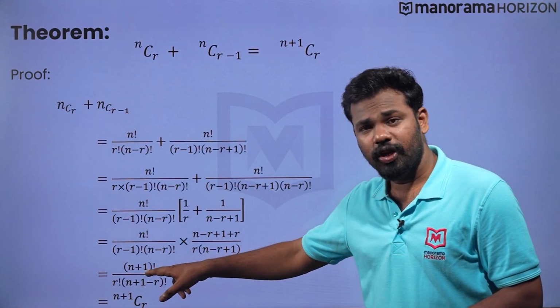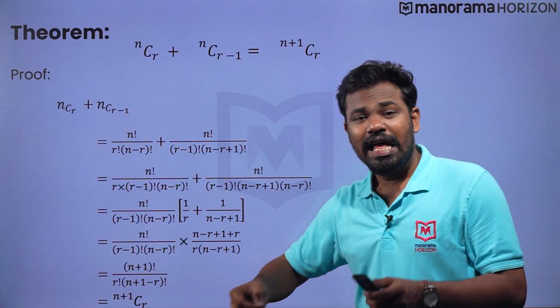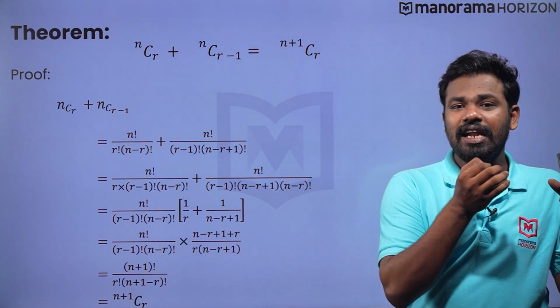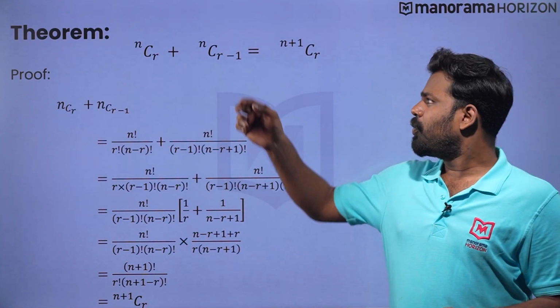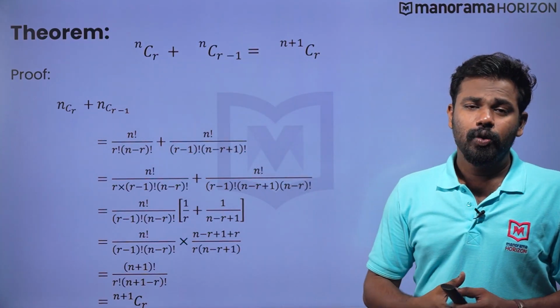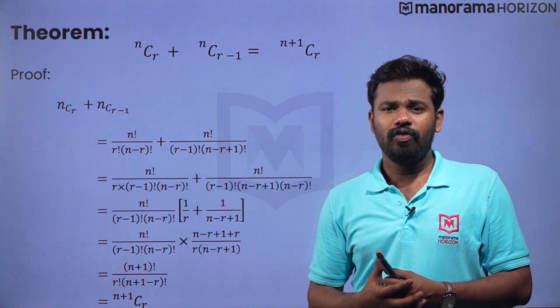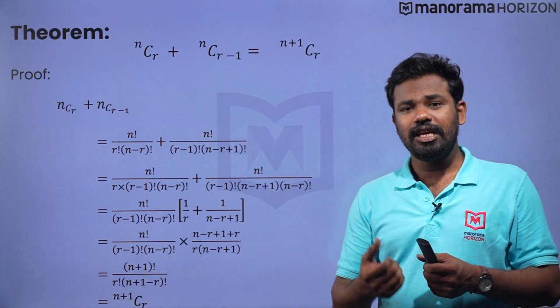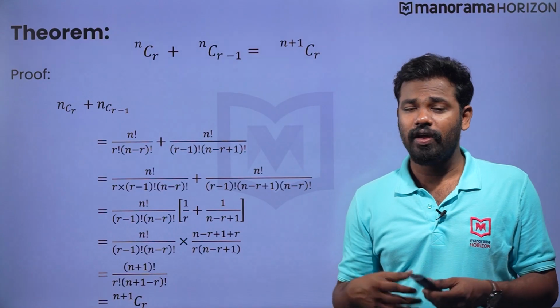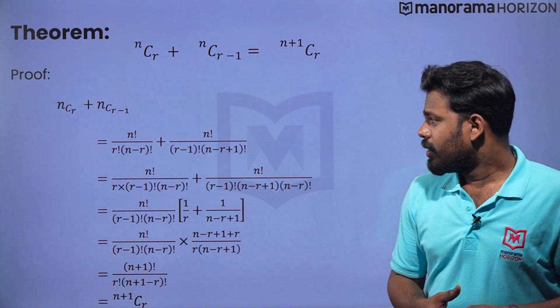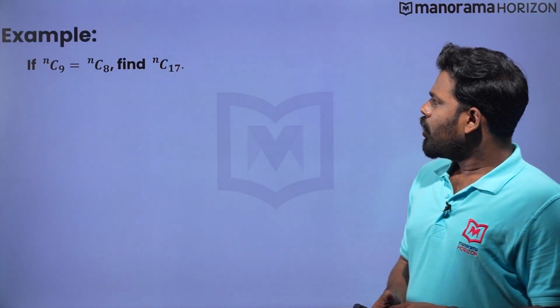You have n plus 1 in the numerator, yes. So n plus 1 CR. That is, you select R objects from the N plus 1 objects. So this is the proof for the theorem over here. You have to understand this theorem very carefully because it is a very important one in this chapter as well as in binomial theorem where you deal with the coefficients of expansions. So remember this formula.